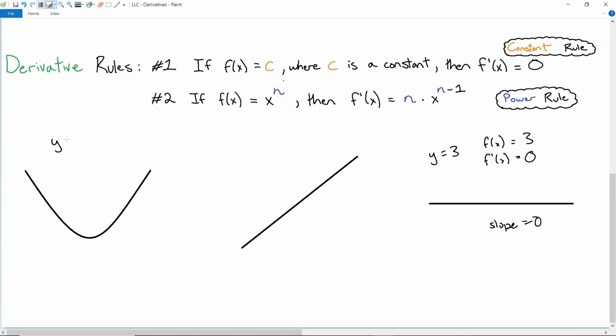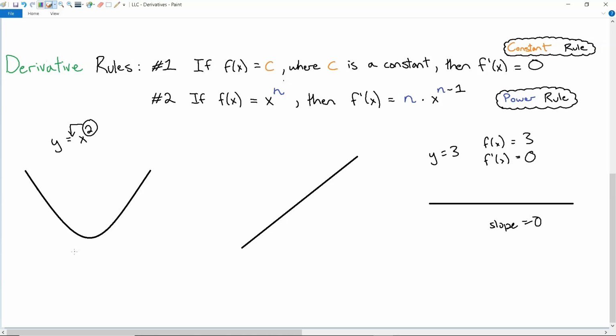Let's say that this is y equals x squared, and that's our parent function of the quadratic. So if I follow the power rule, this 2 is going to drop down in front of the equation as a coefficient, and then our exponent is going to be decreased by a value of 1.